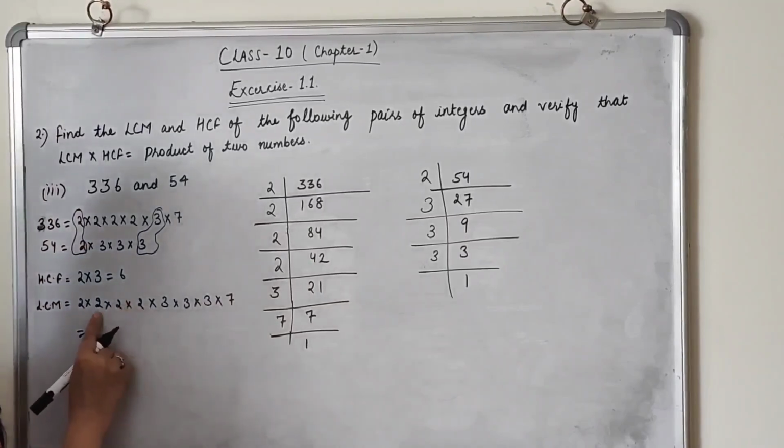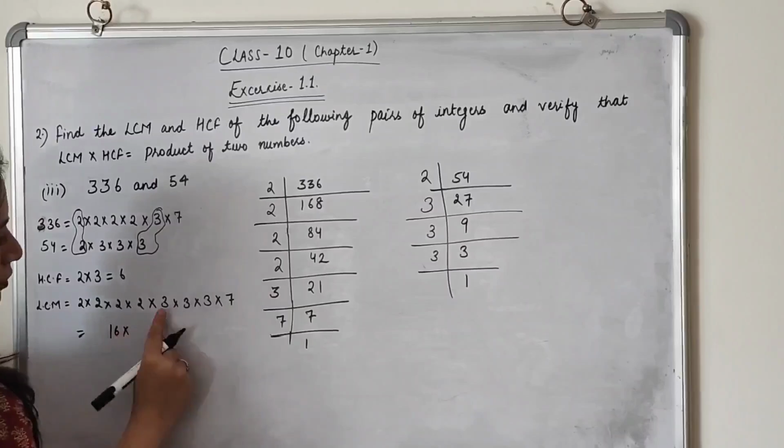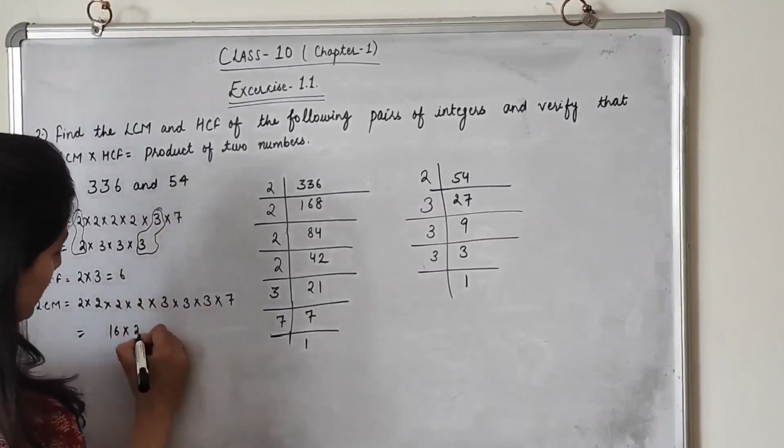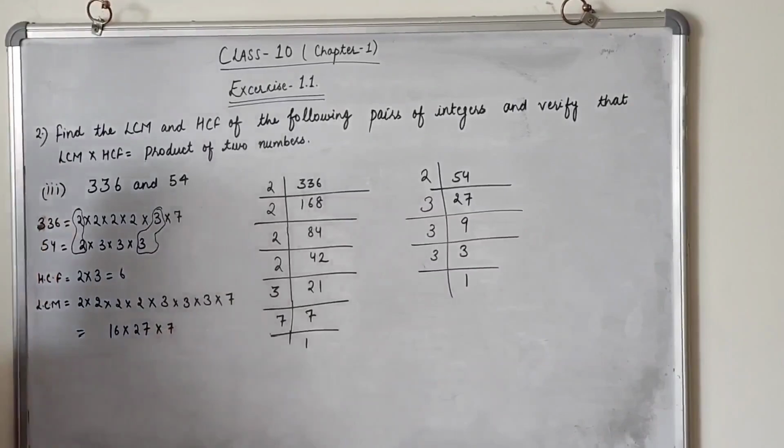2 2s are 4, 4 2s are 8, 8 2s are 16. 3 3s are 9, 9 3s are 27 into 7.